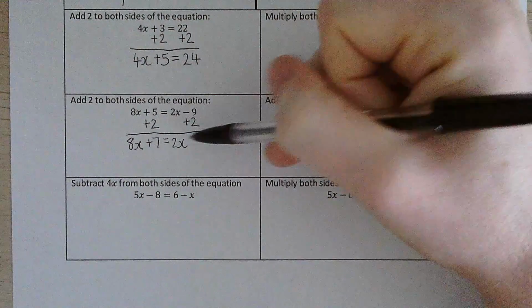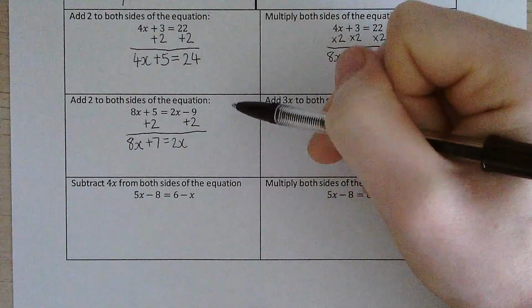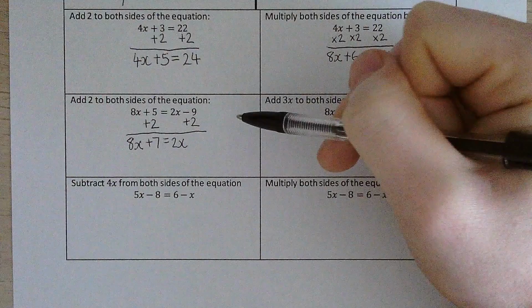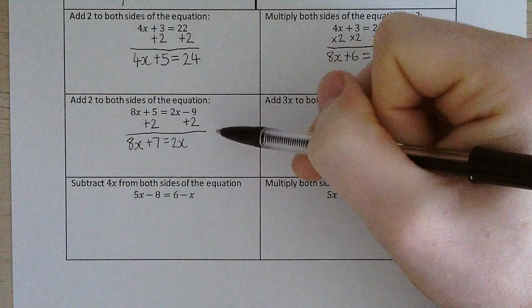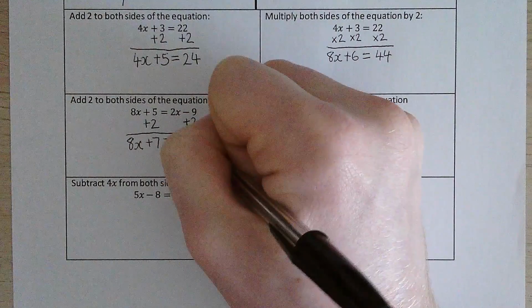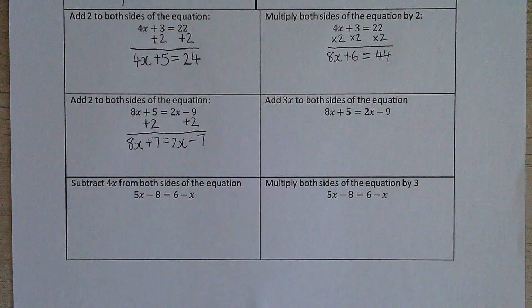And then minus 9 add 2. Again, if we're unsure at this point, we can use a counter method, but we need to make sure we deal with our negative calculations correctly. Minus 9 add 2 is minus 7. So our final answer for this question is 8x add 7 equals 2x minus 7.